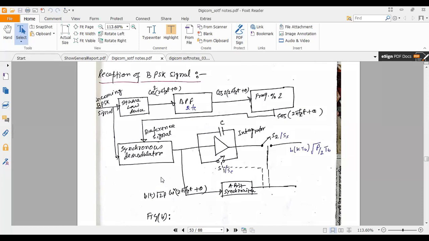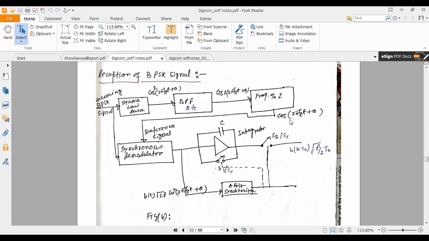It implies that you use a carrier with the same frequency and phase as was sent at the transmitter. If both carriers have the same frequency and phase difference with time, then it is synchronous detection. That's why we are using synchronous detection here, to have a similar kind of carrier.